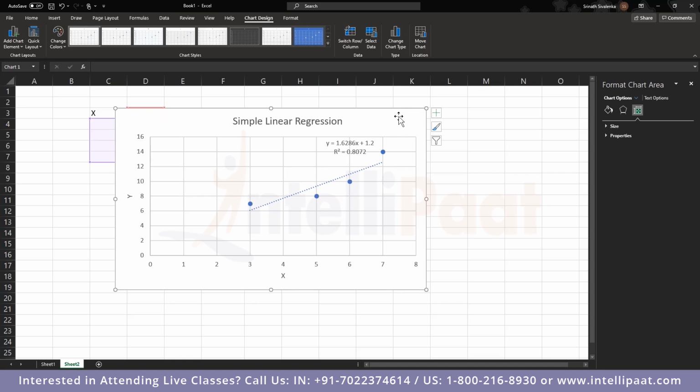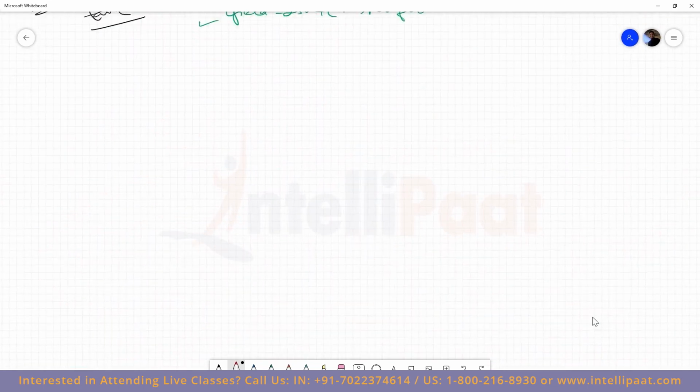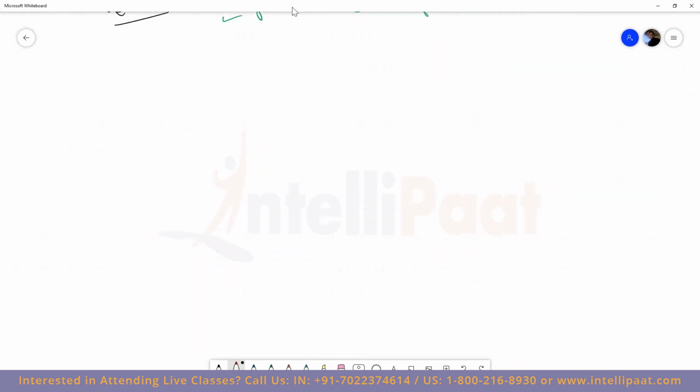One of the most popular ways is using this term called R squared. R squared is also referred to as the coefficient of determination.